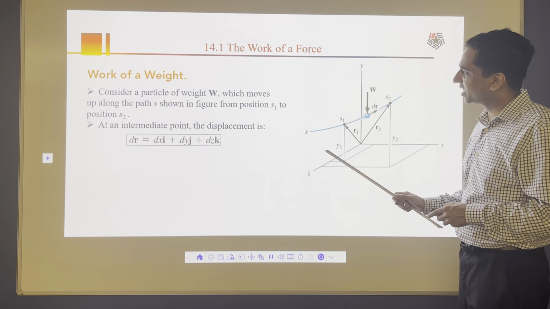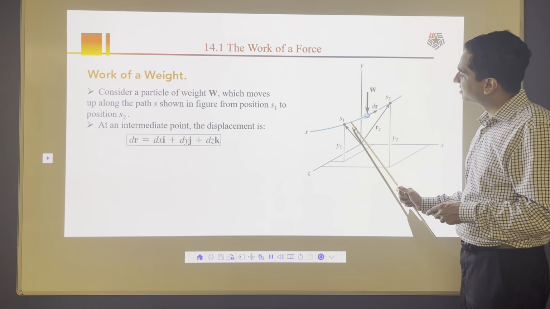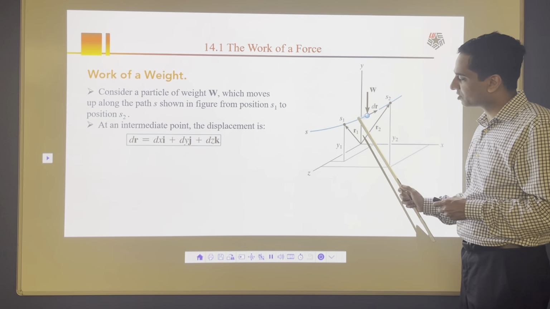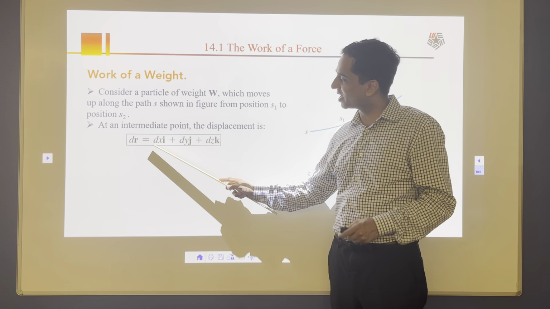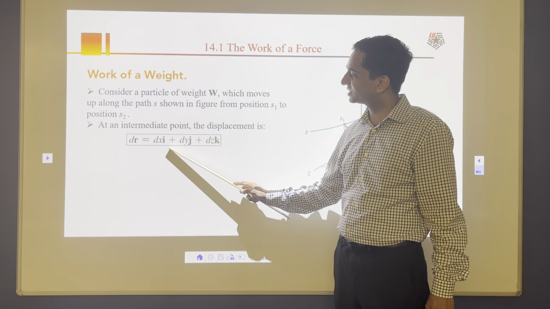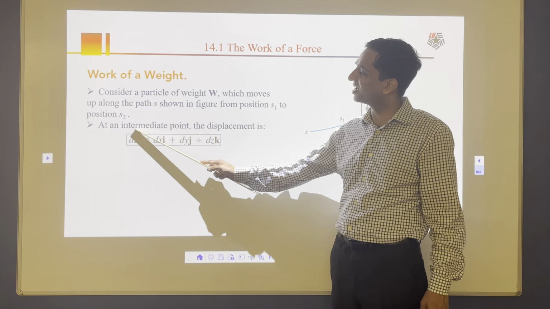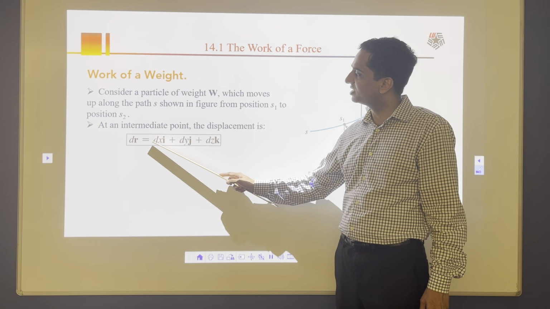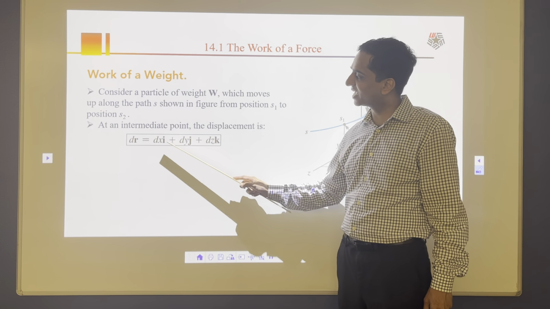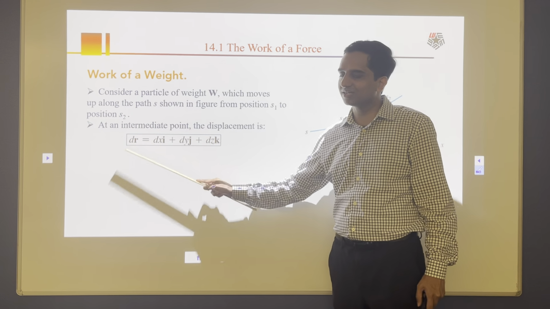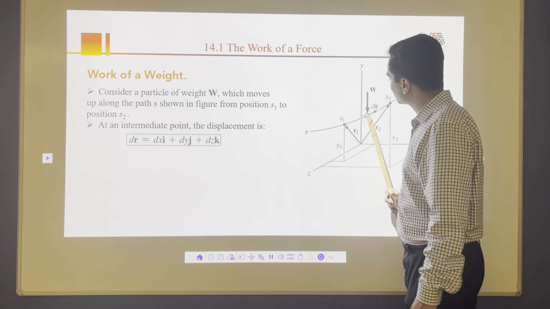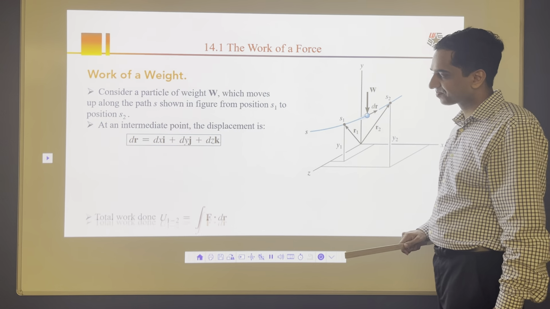Let's say it moves a very small distance dr. That distance dr, as we learned in chapter 12, is dx i plus dy j plus dz k. R is a vector, so dx i is the distance traveled in the x direction, and similarly for y and z, with i, j, k as unit vectors. That's the definition for dr, the very small distance traveled.